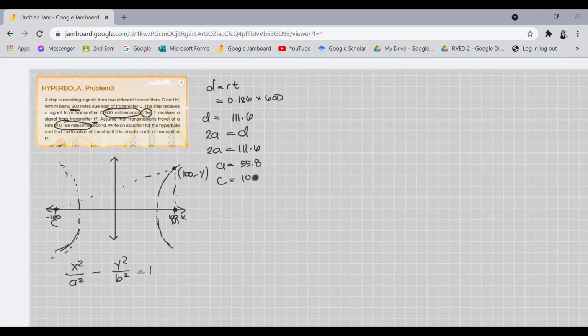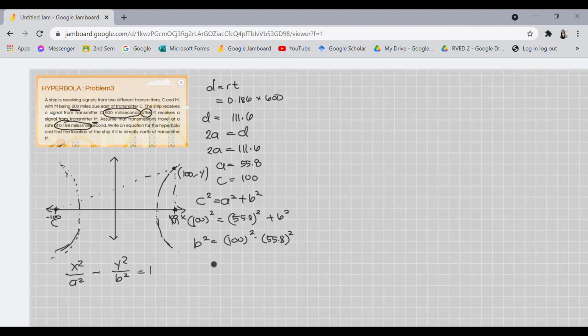So, therefore, we can get the value of B. So, same formula, C squared is equal to A squared plus B squared. So, we have 100 squared is equal to 55.8 squared plus missing ang B squared. So, we have here B squared is equal to 100 squared minus 55.8 squared.